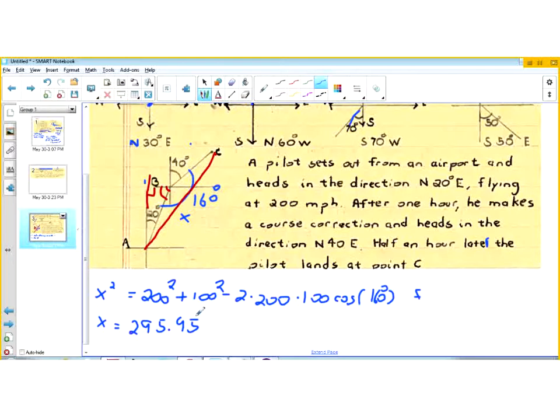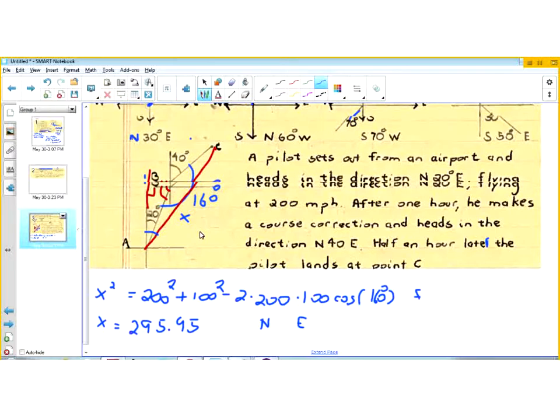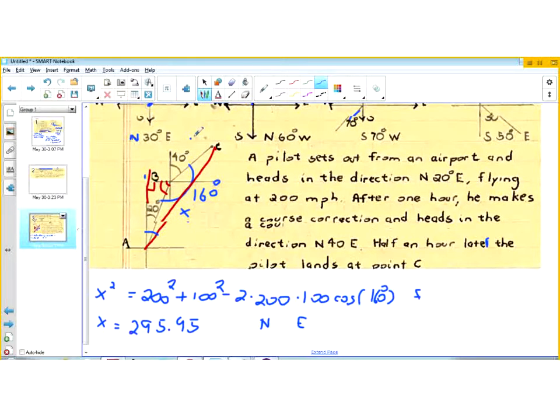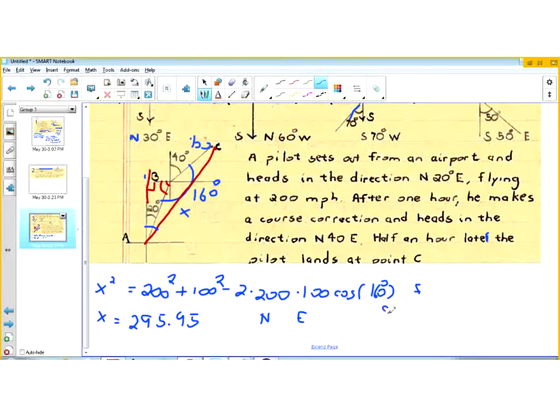Okay, and so now to find his bearing, well, its bearing is going to be north, some degree measure east. So all we have to do is find the measure of this angle. So that means we'll probably have to use the law of sines. We'll call this A degrees.